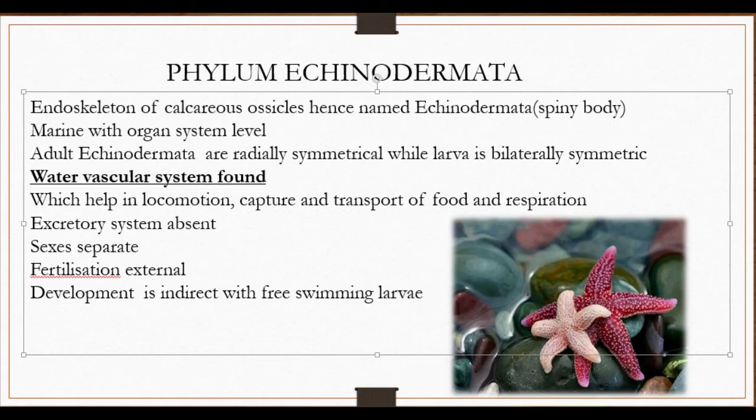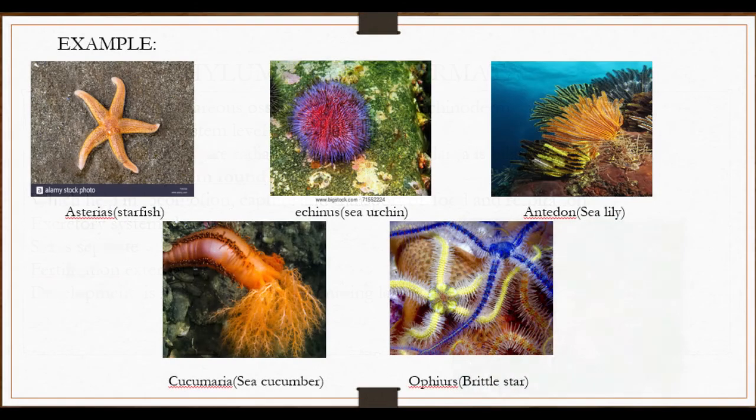They have a water-vascular system which helps in locomotion, capture of prey, transportation of food and in respiration. Excretory system is absent. Sexes are separate, so they are dioecious. Fertilization is external. Development is indirect with free-swimming larvae.